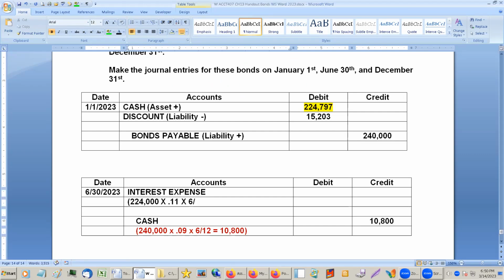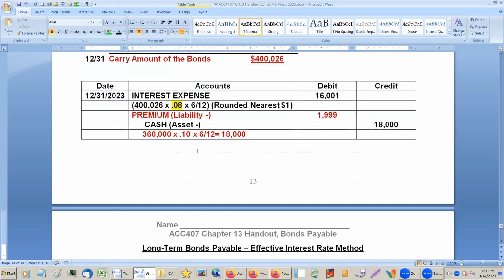Times 6/12, or simply divide by 2. Either one is perfectly acceptable. And round it to the nearest dollar.